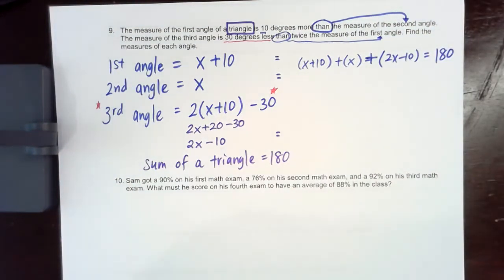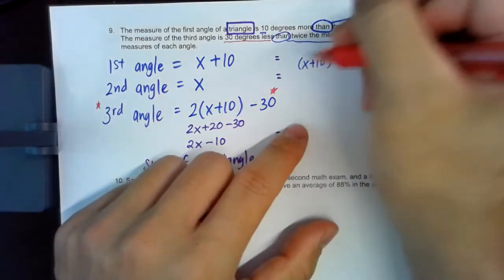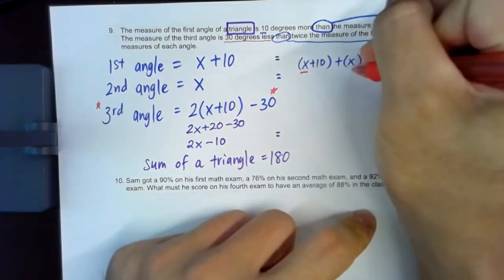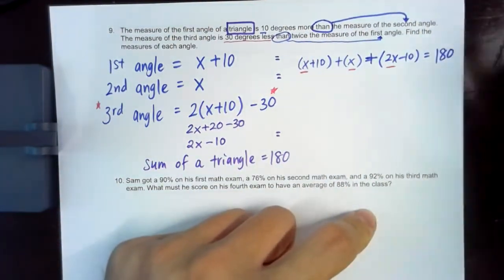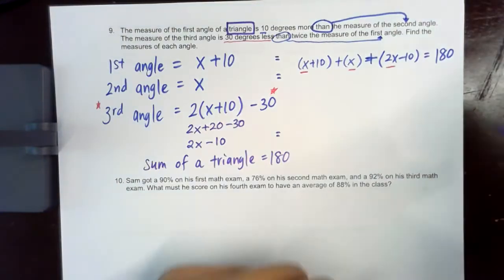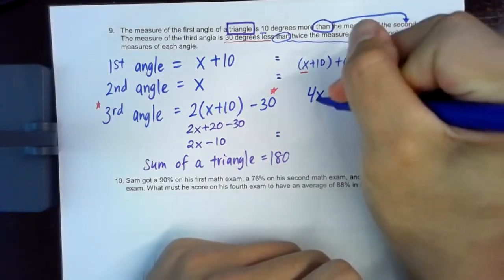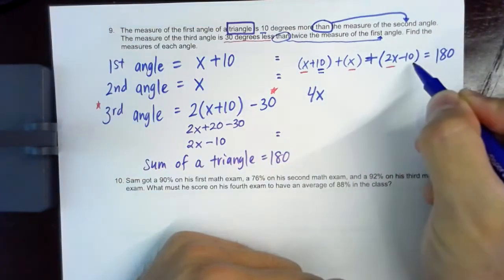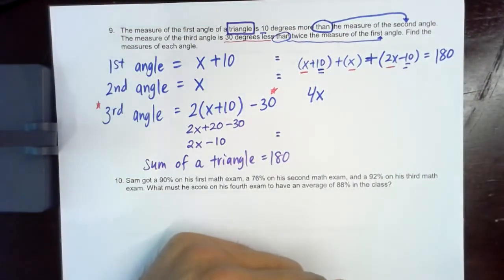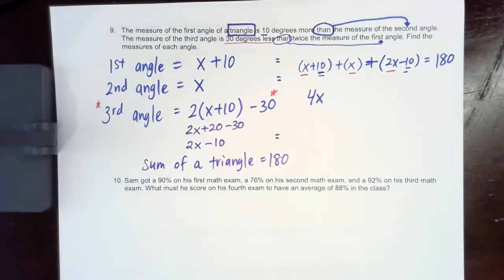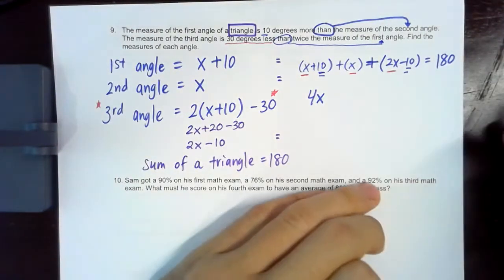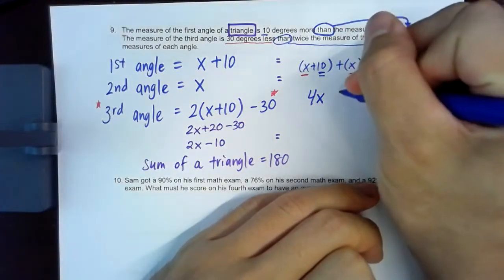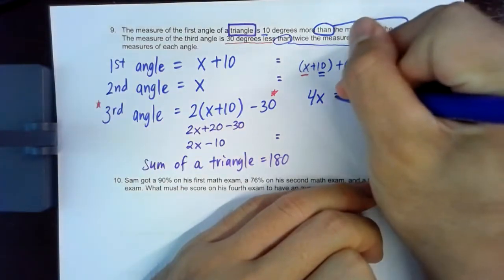Because it's a triangle. All three have to add up to 180. So I know that x plus x plus 2x, I'm underlining the like terms, is 4x. Then I have 10 with negative 10, and what do you know? It's gone. 10 and negative 10 delete themselves, and this is going to equal 180.